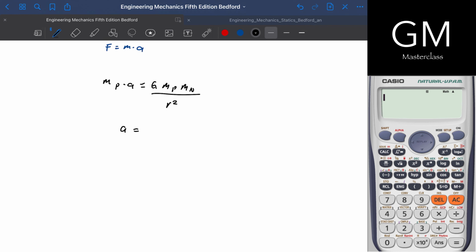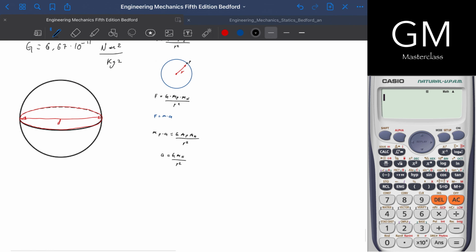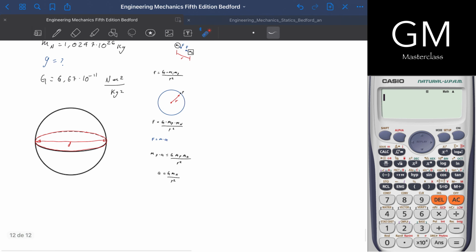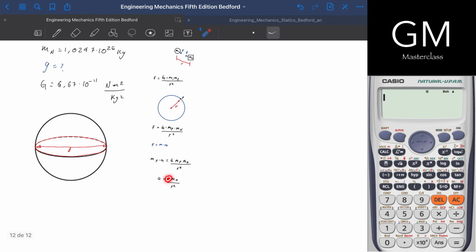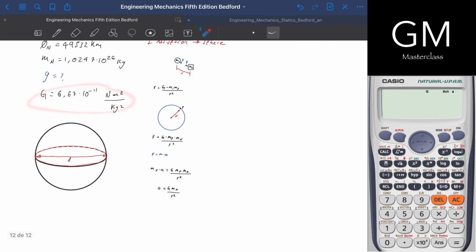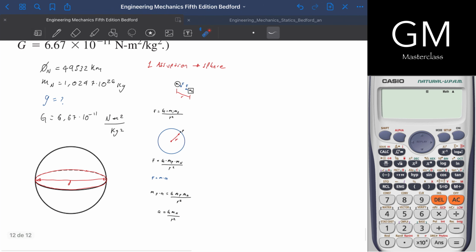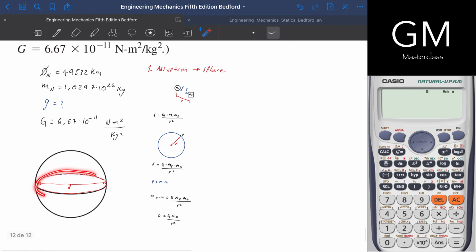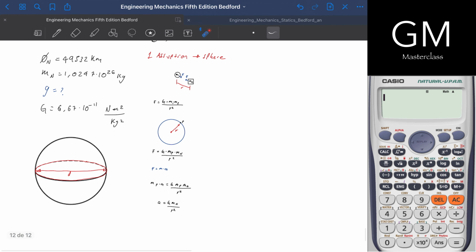The equation at this point will look like this. So I have G, yes; I have mn, yes; r squared, I don't have it, but I have the diameter, so I just have to evaluate the diameter divided by 2, which is the same as having the radius of the planet.